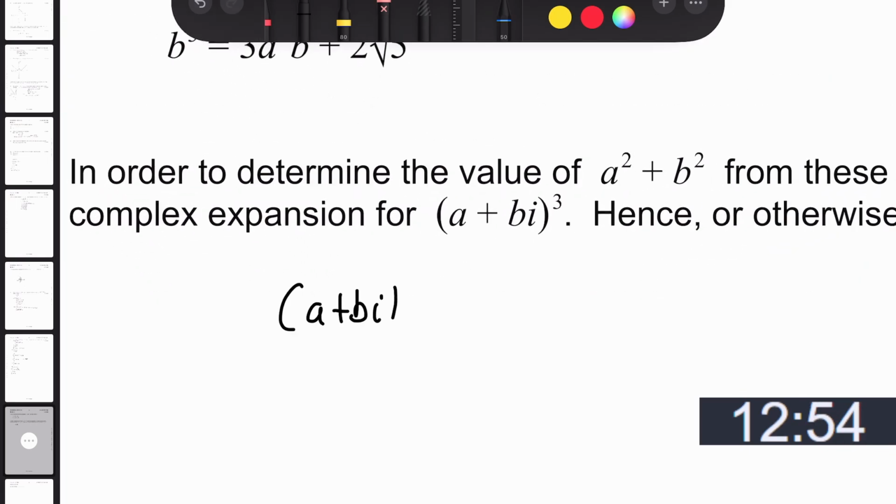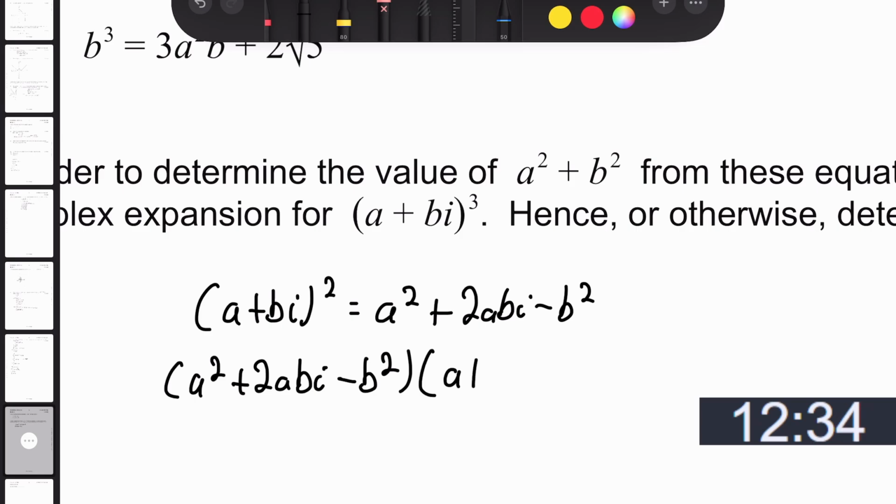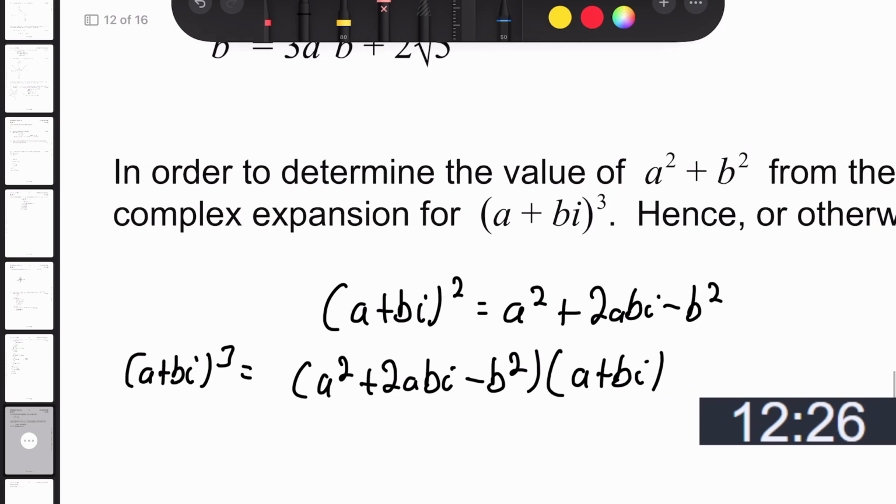So a plus bi squared is going to be a squared plus 2abi minus b squared. Yep, so then a squared plus 2abi minus b squared times a plus bi. So this would be a plus bi to the power of 3. It's going to equal that.